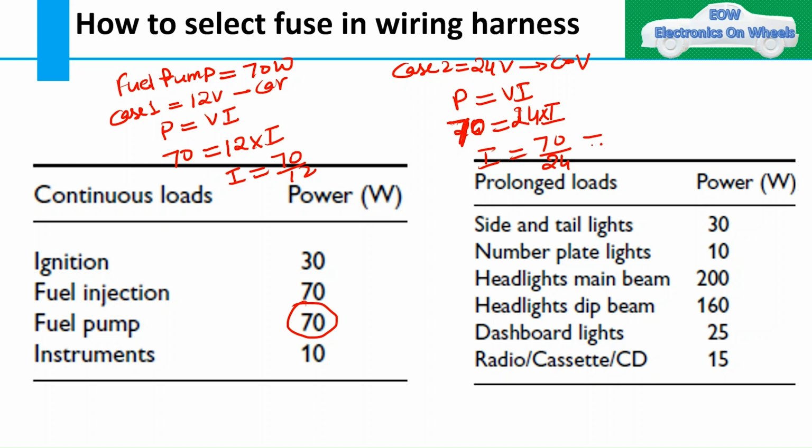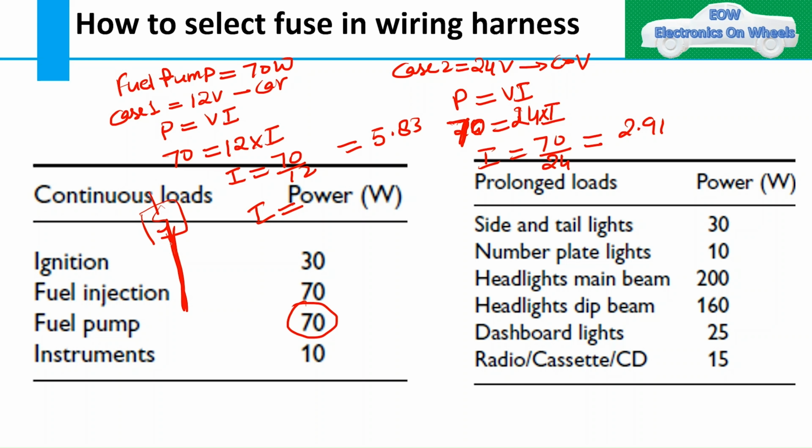If you take 70 divided by 24, it will come around 2.91. If you take 70 divided by 12, it will come around 5.83, right? So this is the current in the particular electrical circuit, the wire for which you are going to select the fuse.